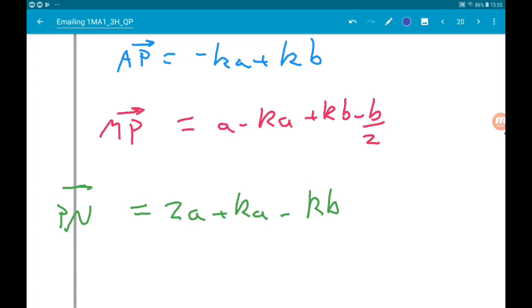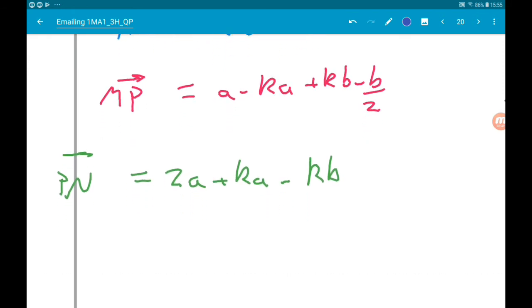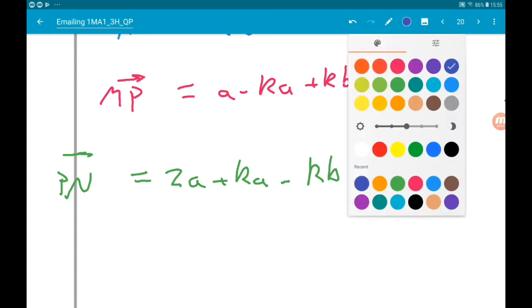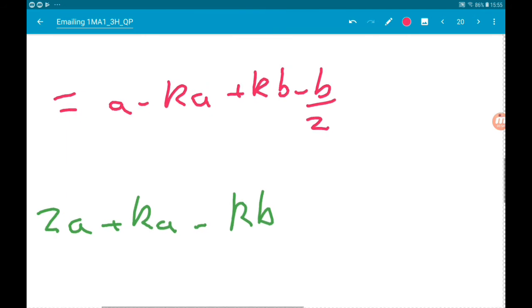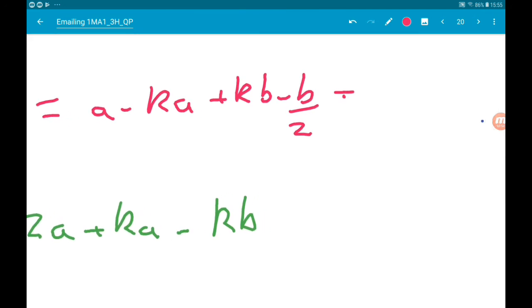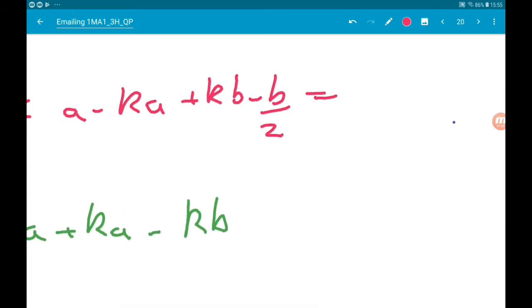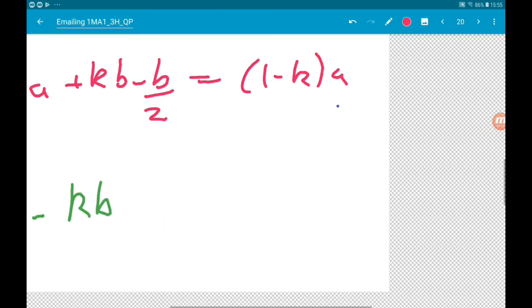So, we can say that, well, first of all, actually, let's factorize both vectors. So for this one, we have 1 minus ka and then add k minus a half b.